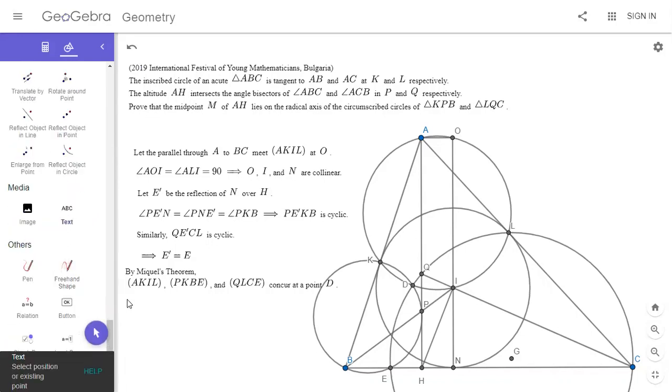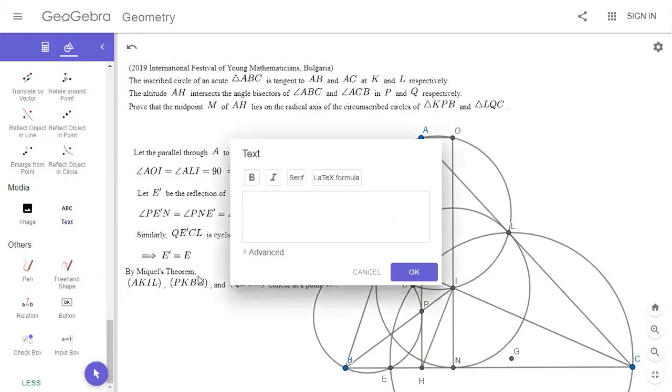Say that one more time. So angle ODL is equal to OAL is equal to OCB, which is 180 minus EDL.